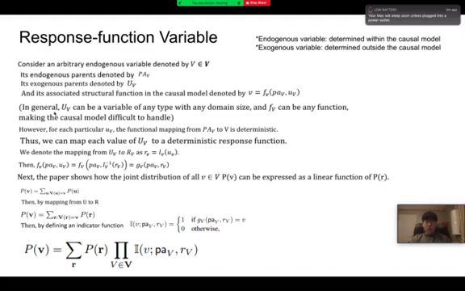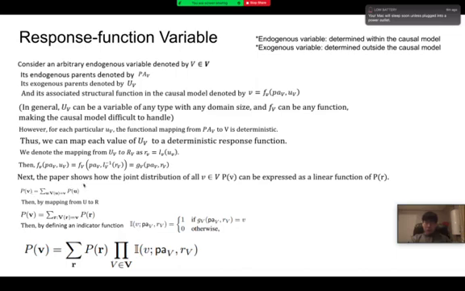So this makes the causal model difficult to handle. However, for each particular UV, the functional mapping from PAV to V is deterministic. Thus, we can map each value of UV to a deterministic response function. And we denote the mapping from UV to RV, the response function, as this. And so we can rewrite this structural function to this equation.